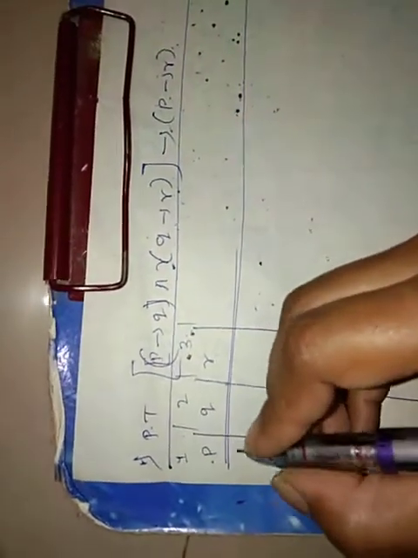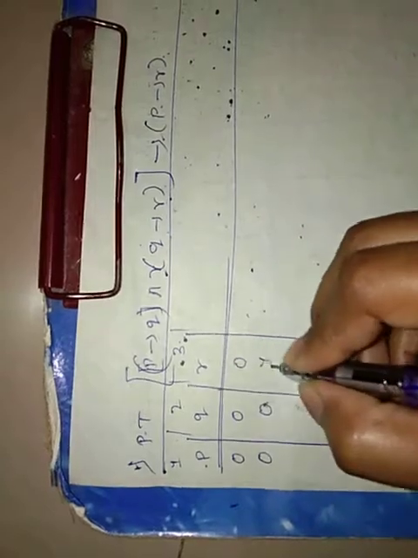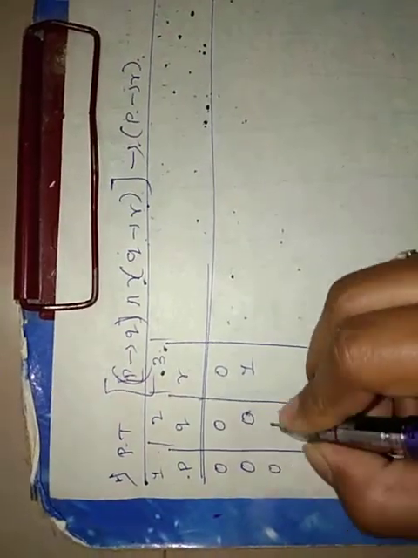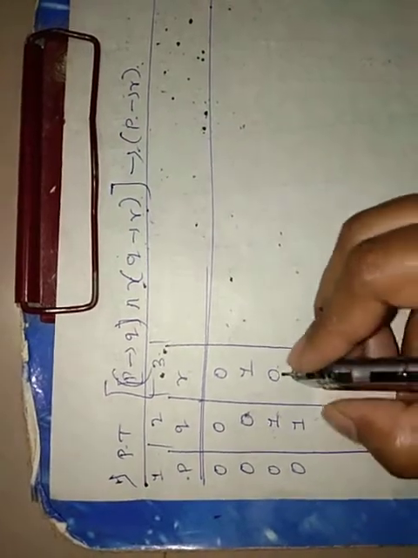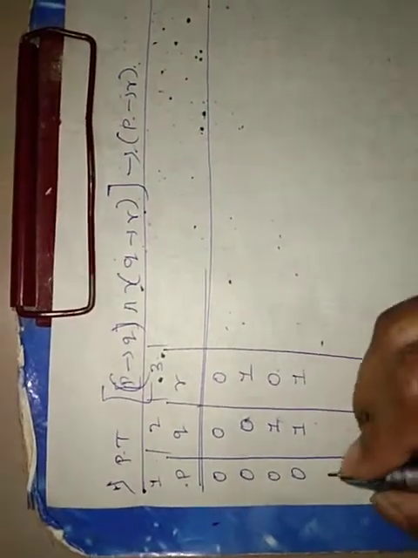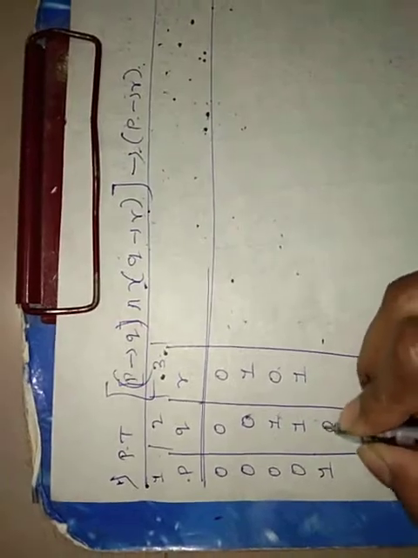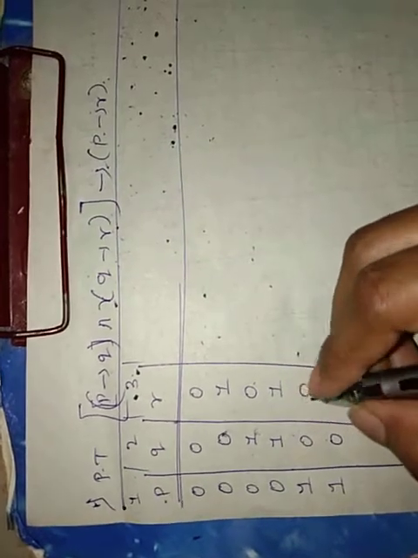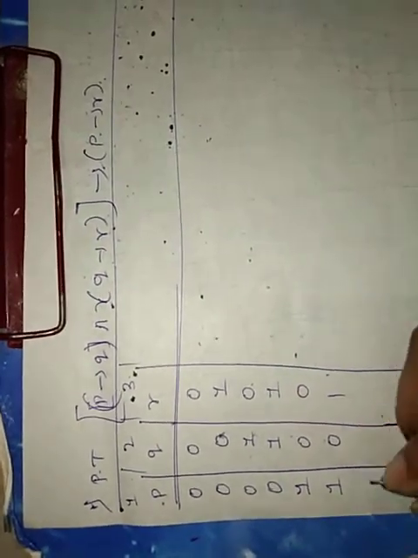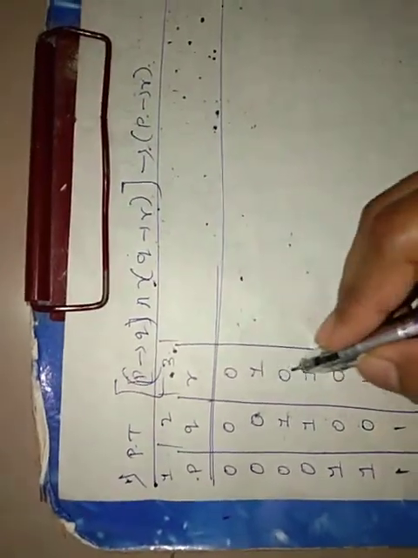So all the possibilities: 0, 0, 0; 0, 0, 1; 0, 1, 0; 0, 1, 1; 1, 0, 0; 1, 0, 1; 1, 1, 0; 1, 1, 1. So 1, 2, 3, 4, 5, 6, 7, 8.